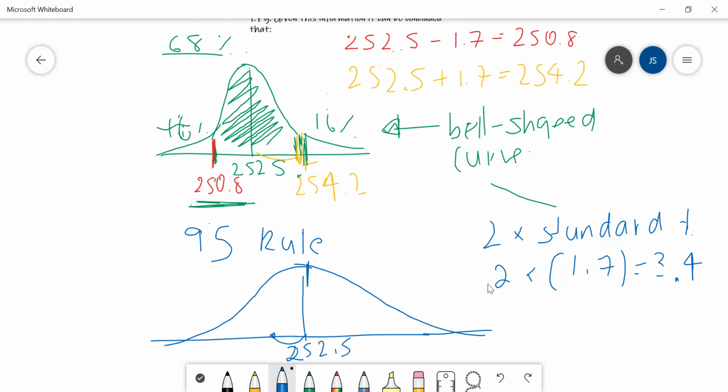Really need to get used to writing better. So you take away 3.4, which is, let's just say here, 249.1.